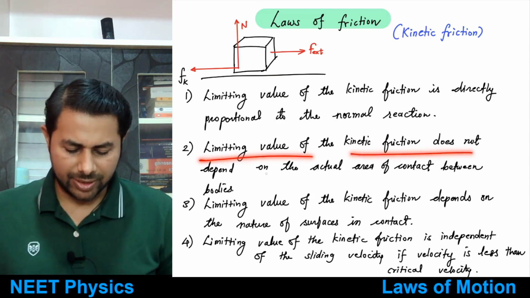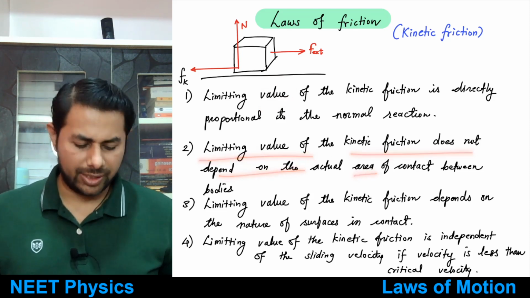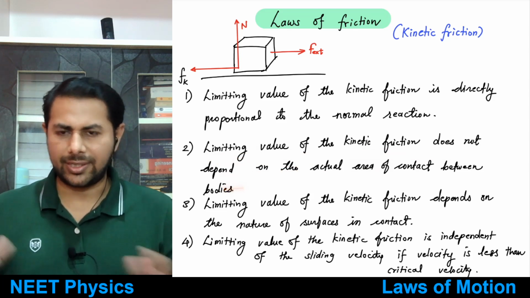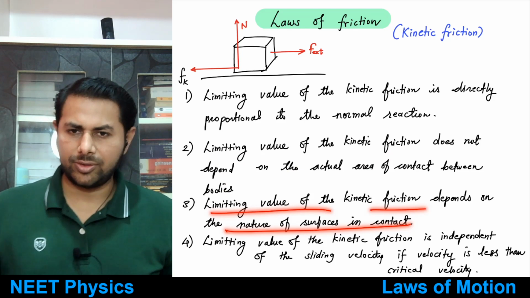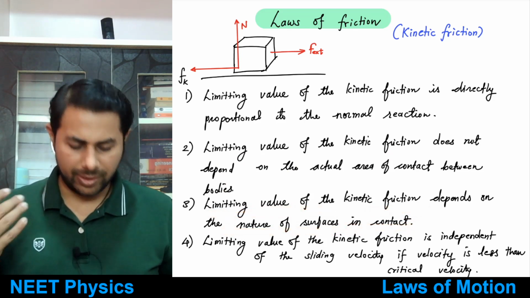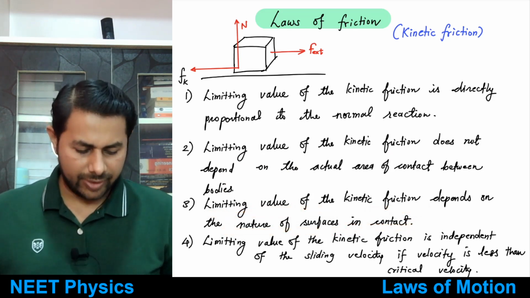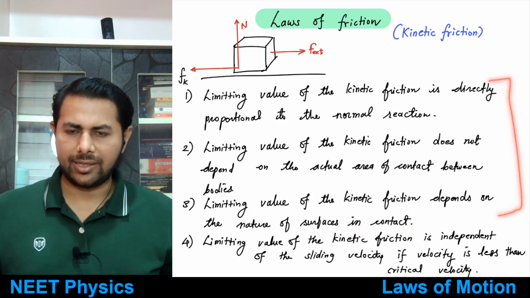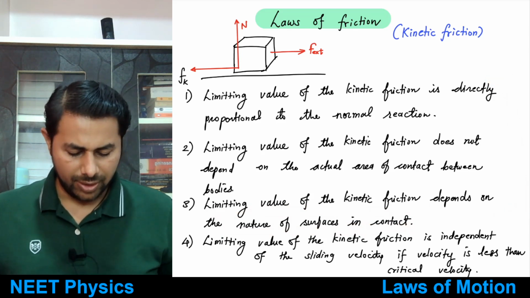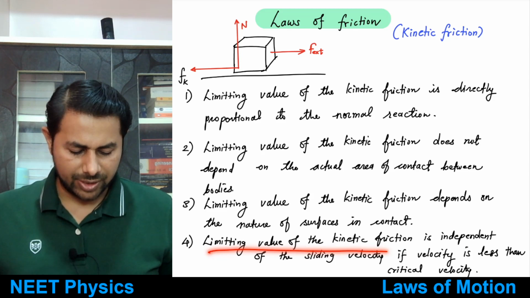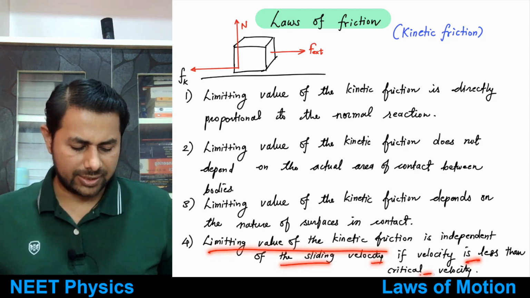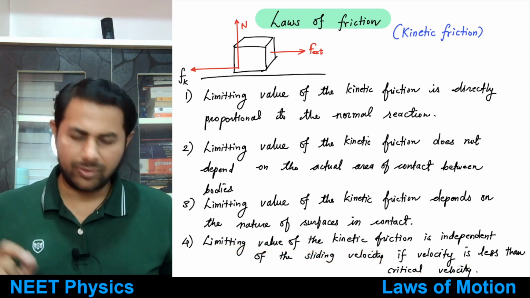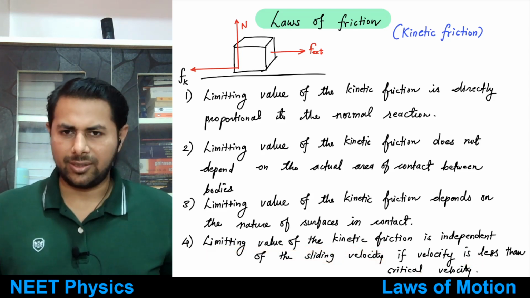The limiting value of kinetic friction does not depend on the actual area of contact between two bodies, just like static friction. It depends on the nature of the two surfaces in contact. Whatever is applicable to static friction is applicable to kinetic friction also. And the limiting value of kinetic friction is independent of sliding velocity if the velocity is less than a particular value called the critical velocity.